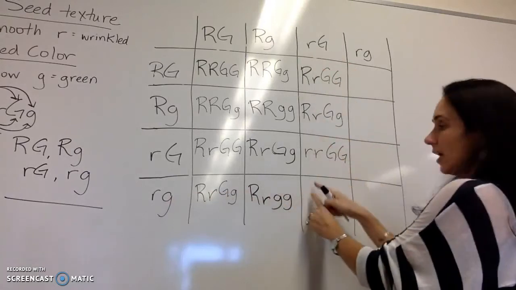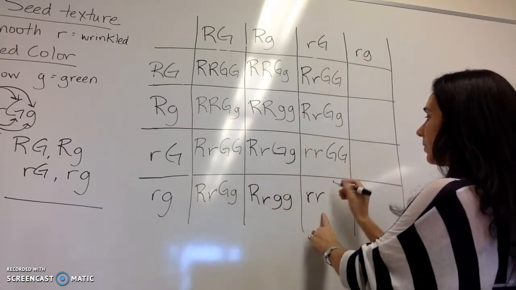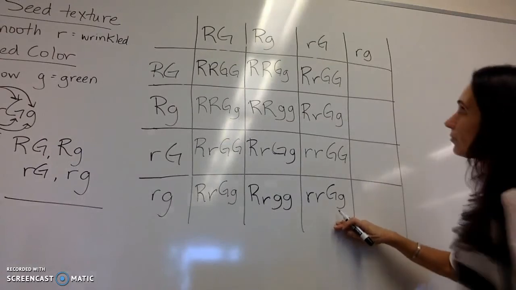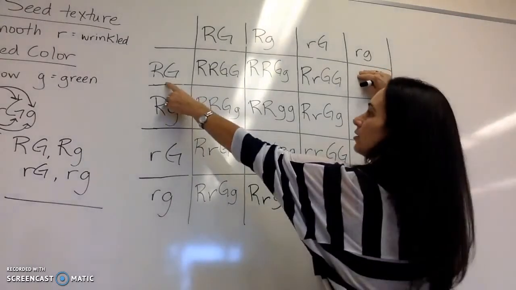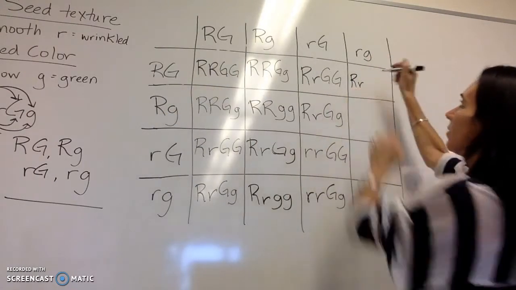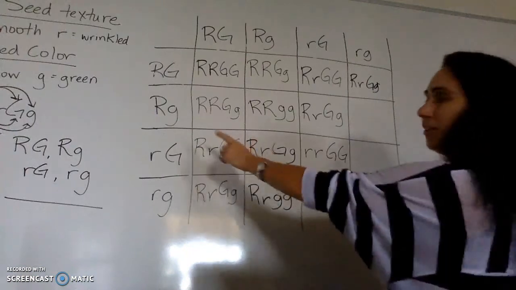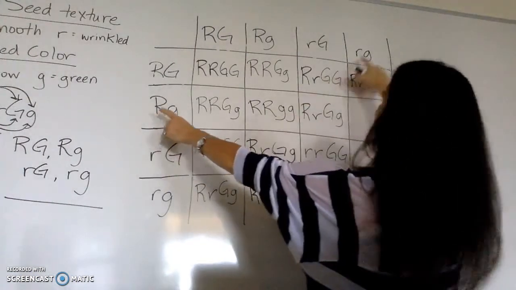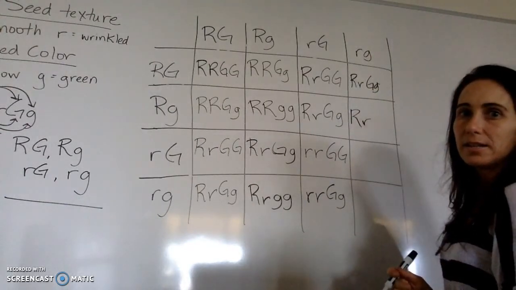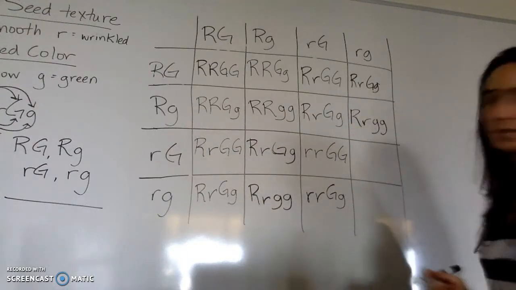Here and here we get homozygous recessive, seed texture, and remember the rule, big G, little g, heterozygous dominant for seed color. Okay, last squares. Heterozygous dominant, seed texture, heterozygous dominant, seed color. Hopefully you can still see this. Okay, heterozygous dominant for seed texture, and homozygous recessive for seed color.